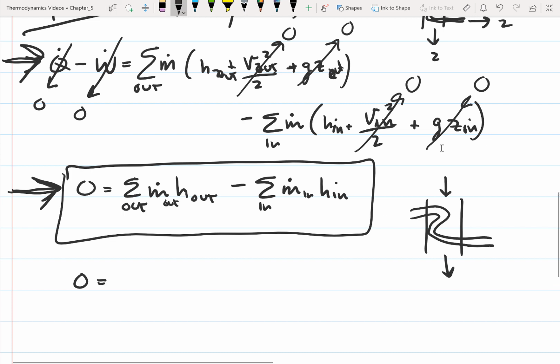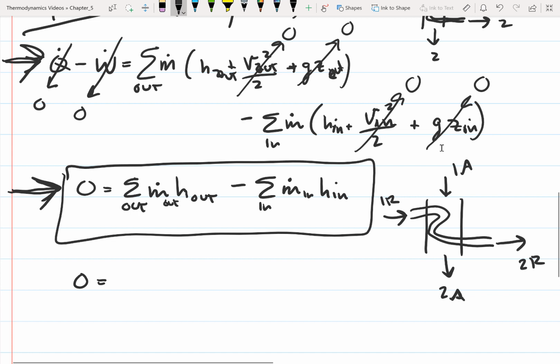So the more little drawings you can have to keep track of things, the easier it's going to be to get it set up. So this entrance here is 1 refrigerant, so that's in. This one's 2 refrigerant, so the outlet refrigerant. This one's 1 air, and this one's 2 air.